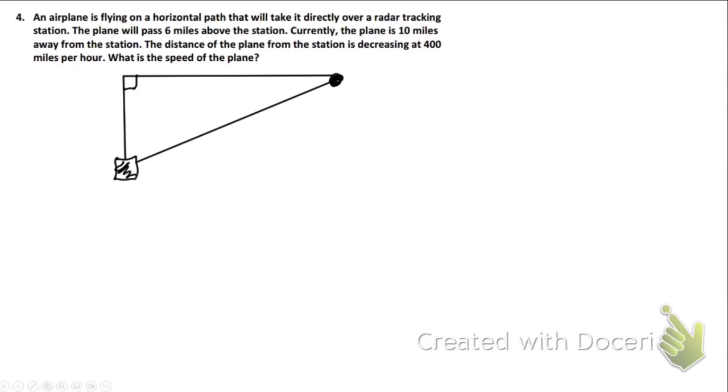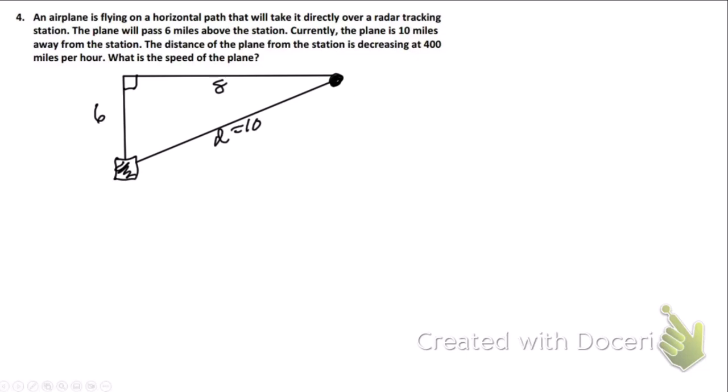Okay, so what do we know? We know that the distance here is 10, and we know that this is 6. Right triangle, we've got a 6, 8, 10. This is where your idea of an x comes in, Wyatt. Currently the plane is 10 miles from the station.